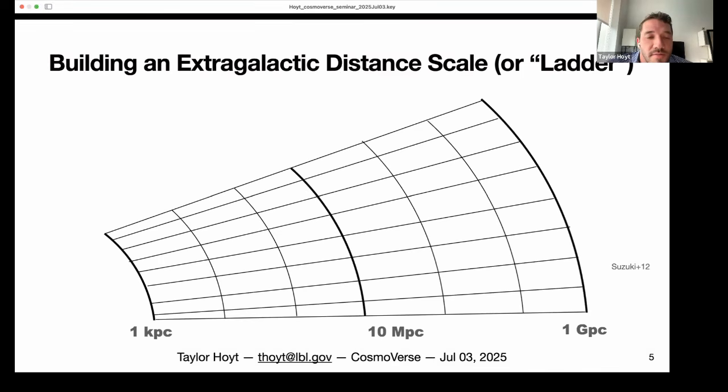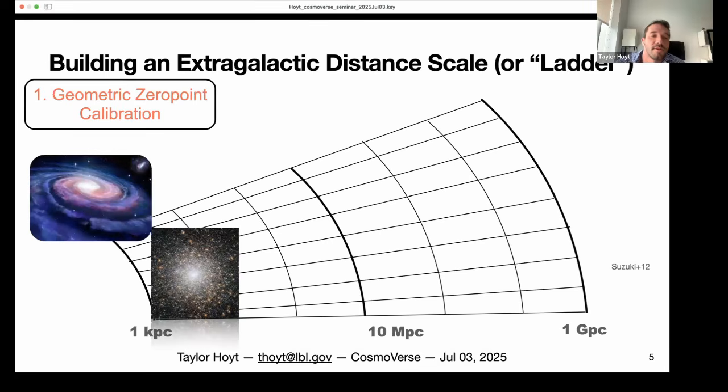In modern day, this consists of 3 rungs that span several orders of magnitude in brightness, starting from what we call a geometric zero-point calibration in rung 1, which includes distances determined through trigonometric arguments, most classically parallaxes, but other not as direct trigonometric measurements such as detached eclipsing binaries and megamasers also provide this to round out our 3 main geometric calibrations.